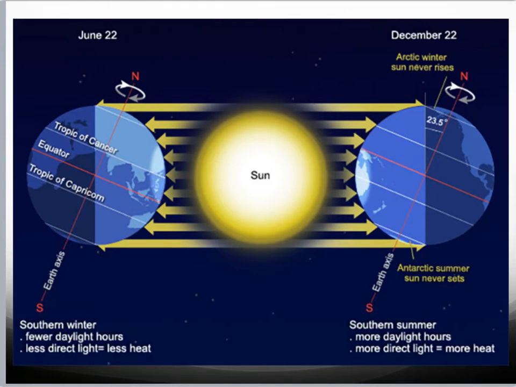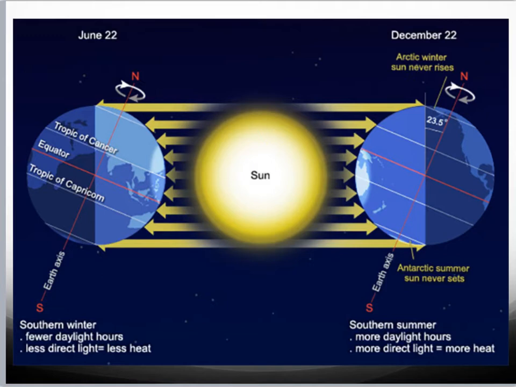But if we go up towards the poles, the same amount of radiation is spread out over a much larger section. So this is why our equator is hot, because they get more direct concentrated solar radiation, and our poles are cold because that radiation is much more spread out and less concentrated.